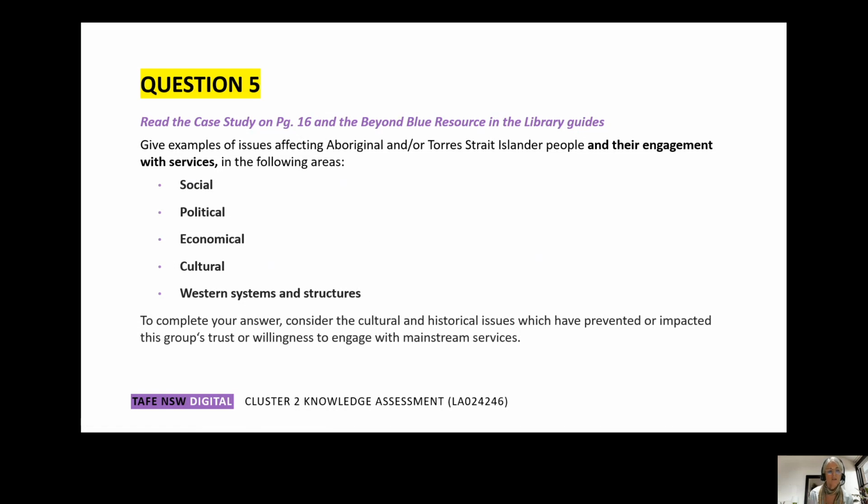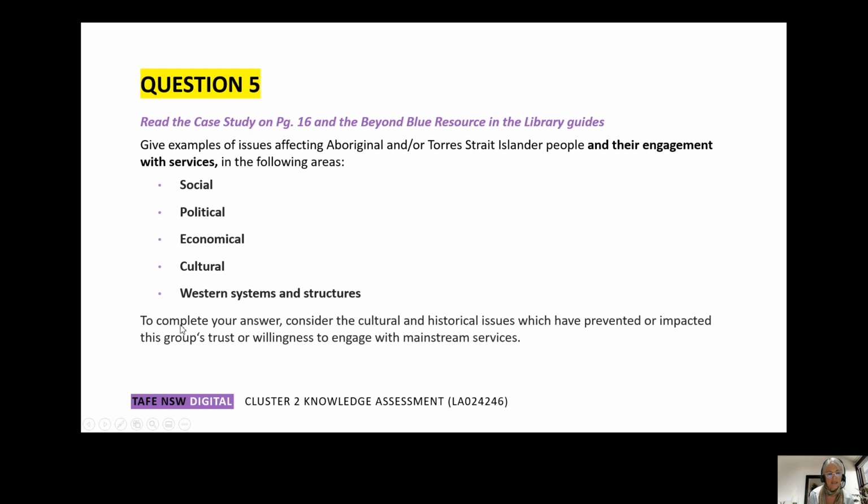And it's asking you to identify the issues affecting them and then why it's a challenge or why there is low engagement with services. You know, what's preventing them from engaging in services in terms of their lifestyle and how they've been impacted.